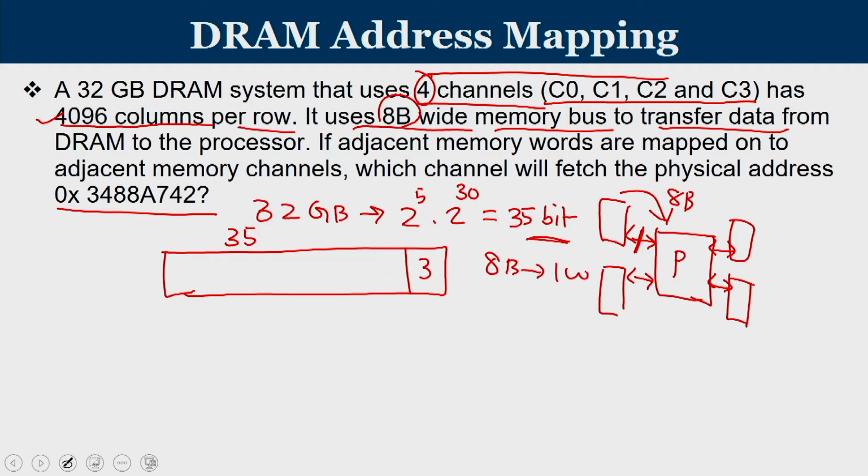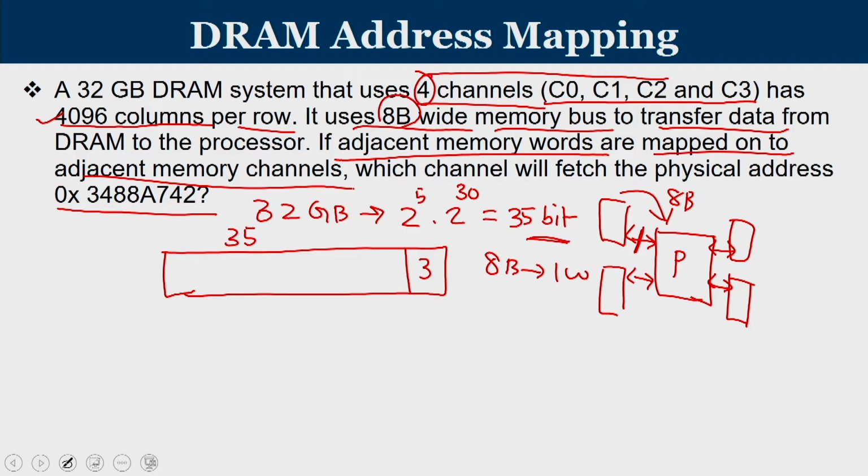The peculiarity of the addresses of the bytes within a word is that the most significant 32 bits of the address are the same. The bytes of a single word will differ only in the last 3 bits of the address. Now, adjacent memory words are mapped onto adjacent memory channels.